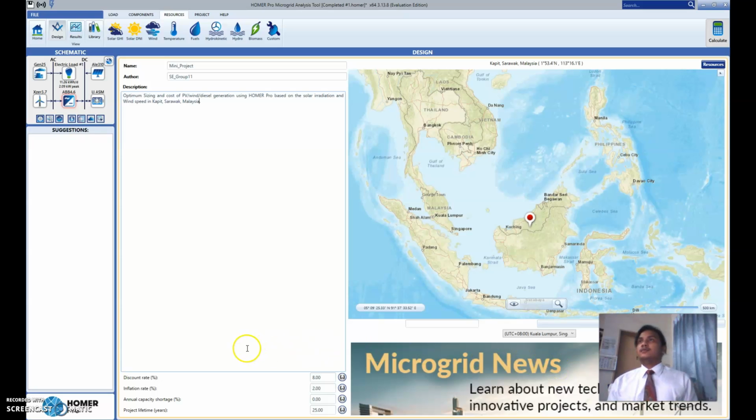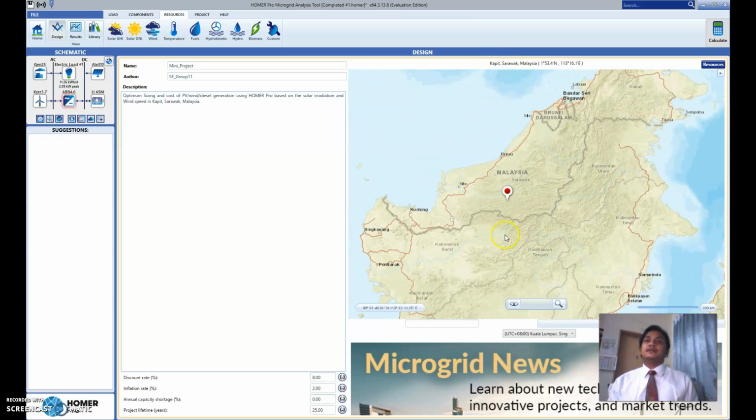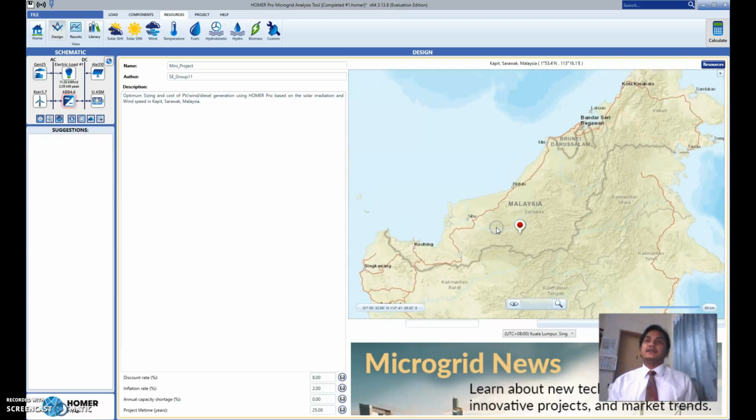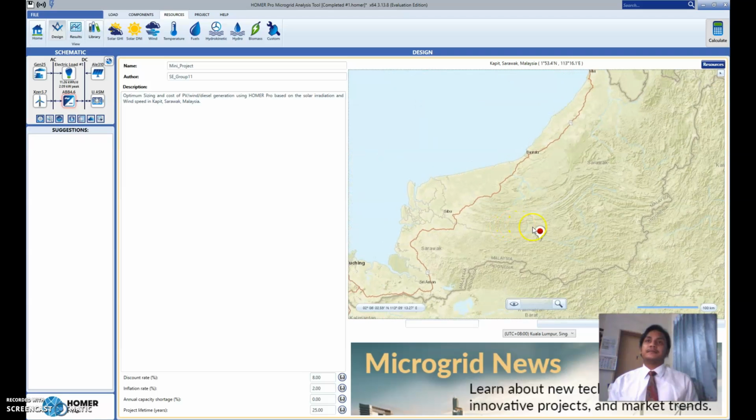This is the HOMER Pro software that we will use. First, we need to set up our location, which in this case is Sarawak, and on this map, we can see that it is a rural area.